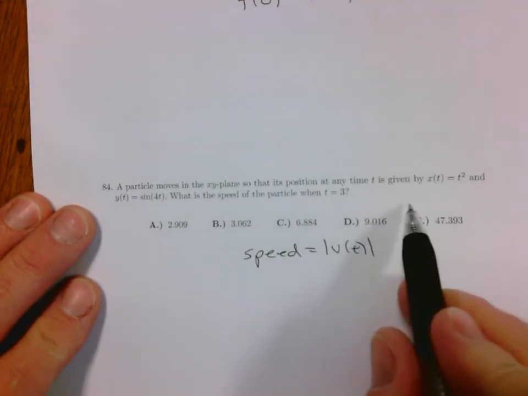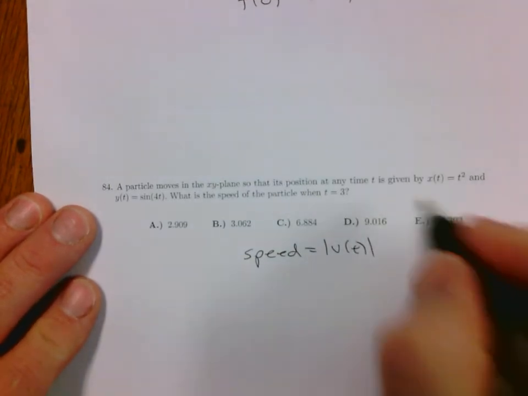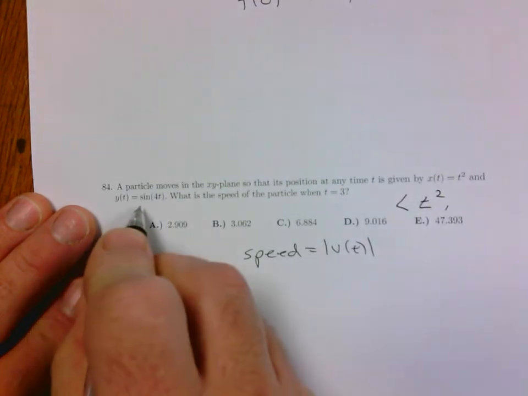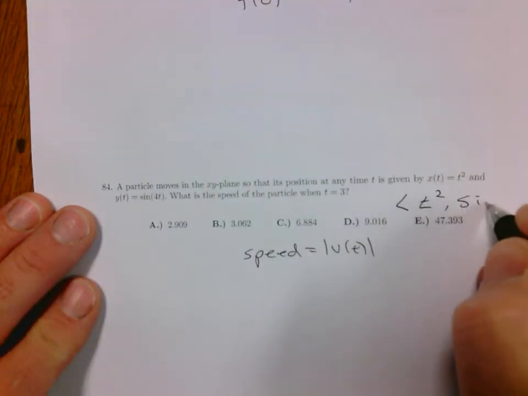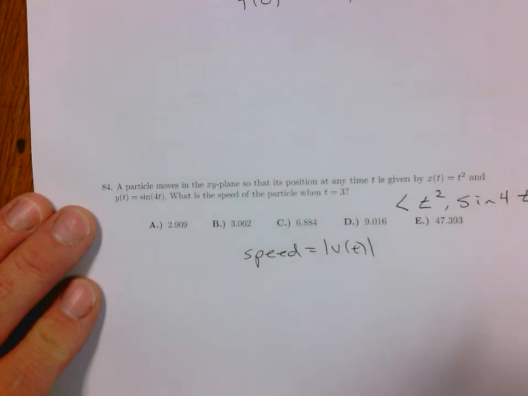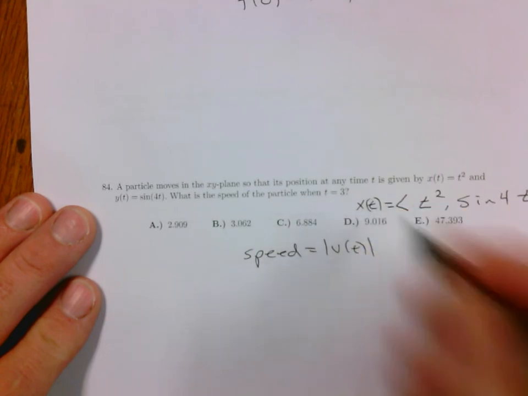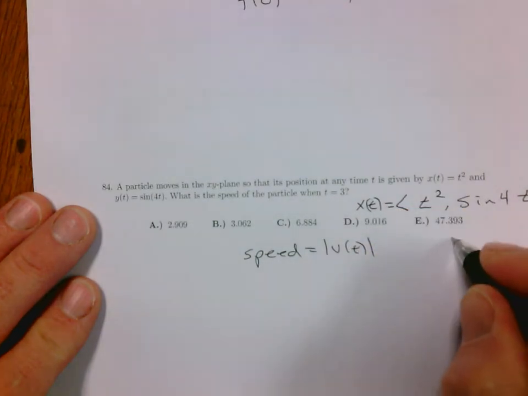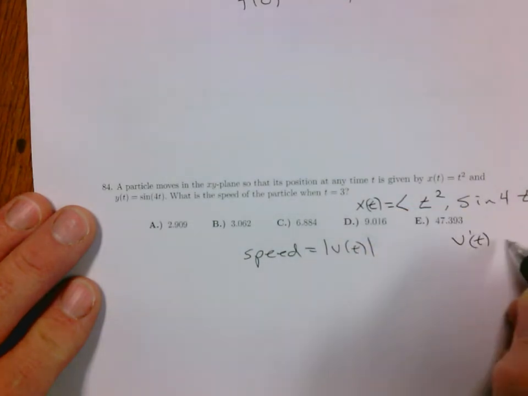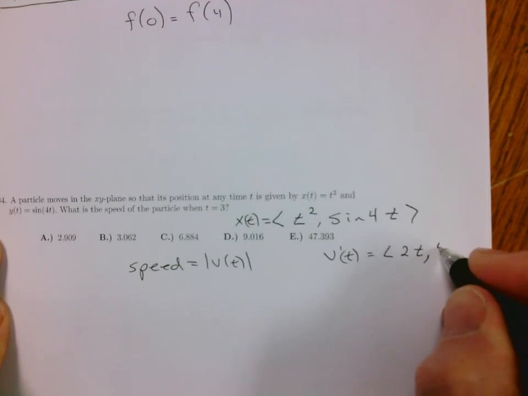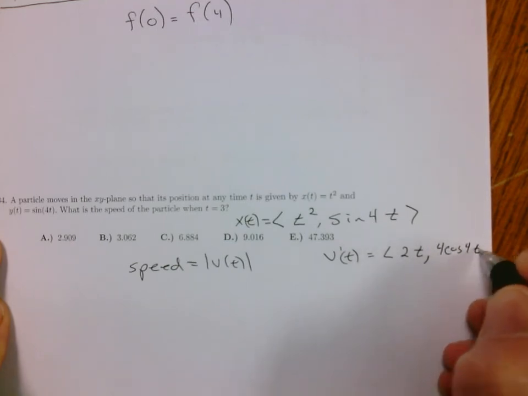Okay, so I'm going to set up a position vector so I can find the velocity vector. So the position vector is given by t squared, comma, sine of 4t. That's what the position is, which I can represent as x of t. So then the velocity vector, v of t, is going to be equal to 2t, comma, 4 cosine of 4t.